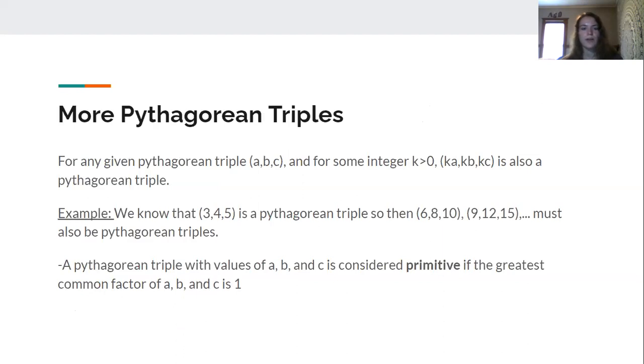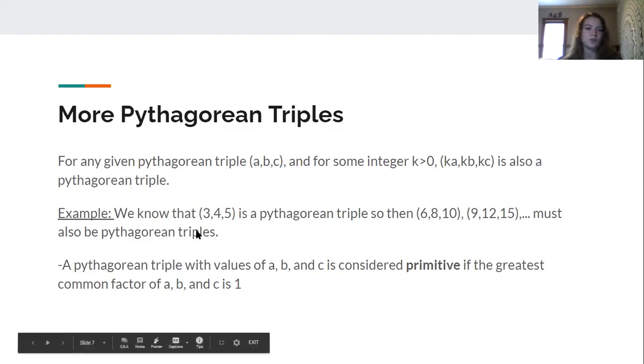So a way to find more Pythagorean triples once you're given a Pythagorean triple is, say you have any Pythagorean triple a, b, c, and some integer k, such that k is greater than 0. Then you can find another Pythagorean triple, and that's going to be ka, kb, and kc.